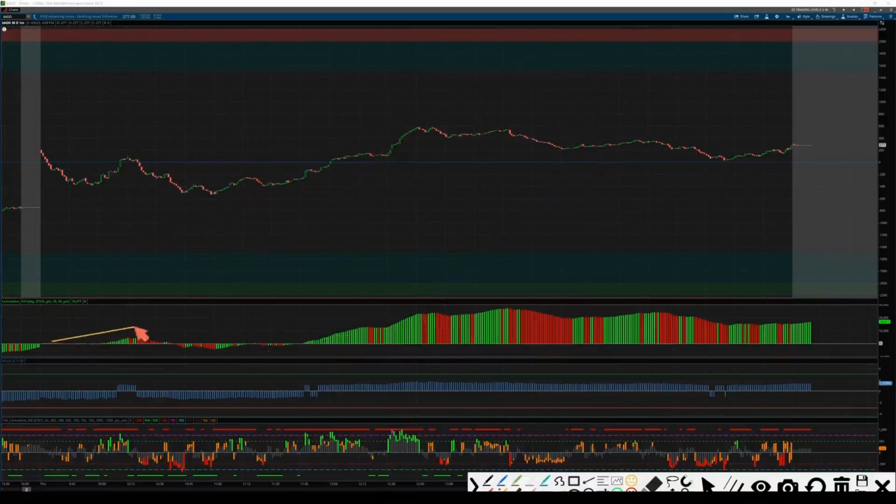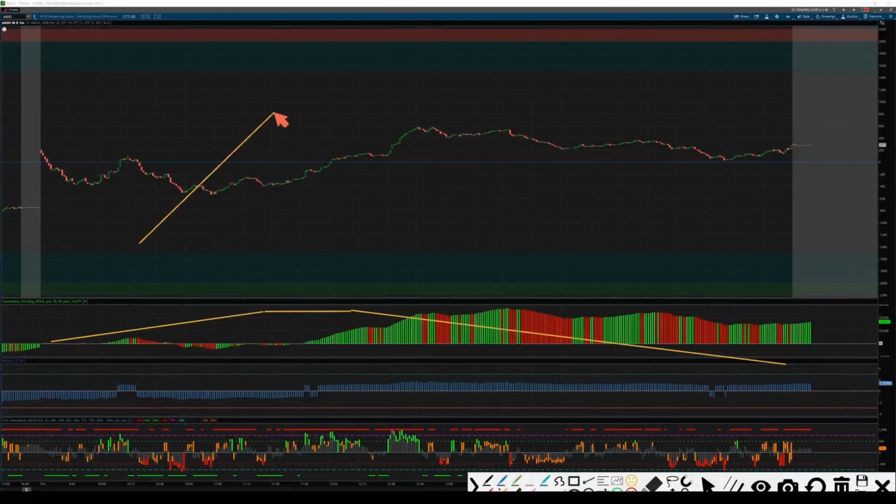This can start an uptrend like this, and it can spend some time sideways like this, and then we may see the tick going back down again, and then we may even see it go below that zero level and continue down this way. So pretty much this is what it's going to look like on the chart: we have that uptrend, we do some sideways, and then we just start selling off.